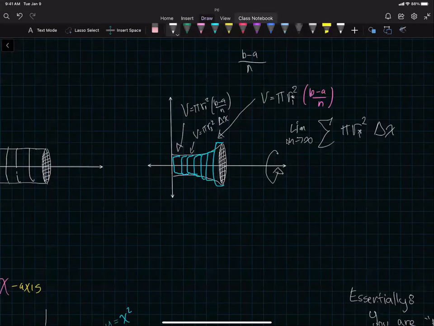Now, the reason why I said you don't have to remember this one is because we have a better choice for this. What is the limit as N approaches infinity, sigma? What do we use instead of that? What do we use instead of sigma and the limit N approaches infinity?